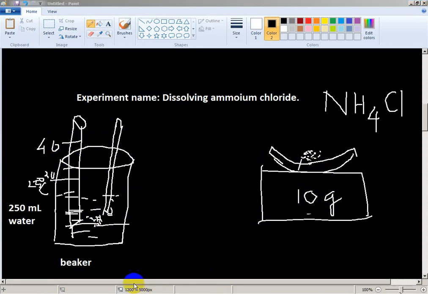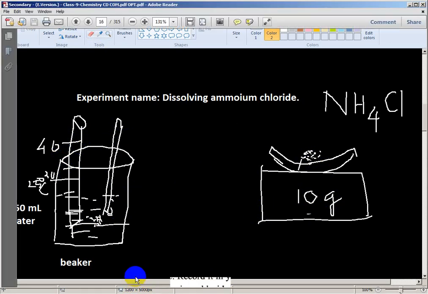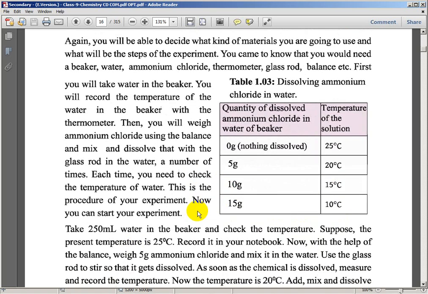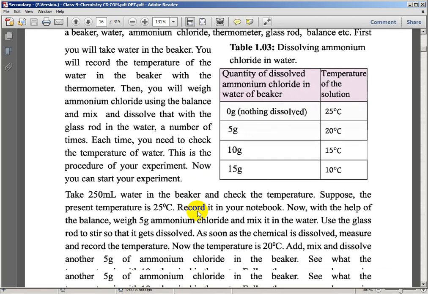Now the temperature decreases to 15 degrees Celsius, and with 15 gram the temperature decreases to 10 degrees Celsius. So the temperature decreases when you add the ammonium chloride.